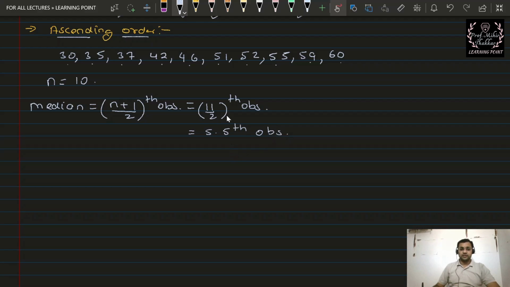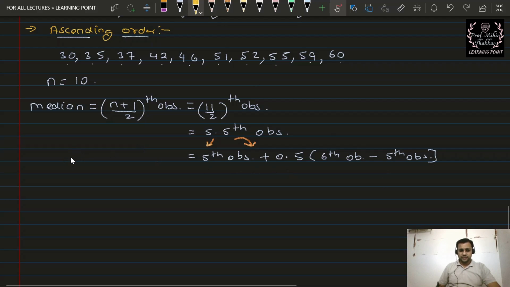So just as I did in the previous case, I will again split it into two parts by writing it like this. The fifth observation will be as it is, and yes, you got it right, it will be multiplied with the difference between the sixth observation minus the fifth observation.